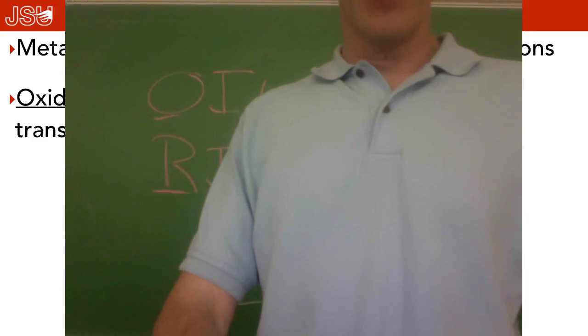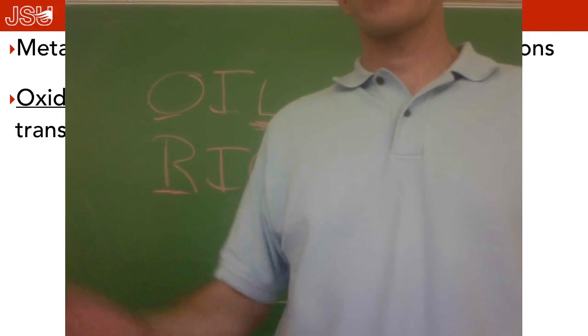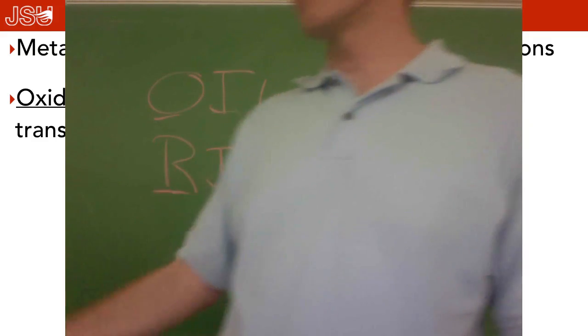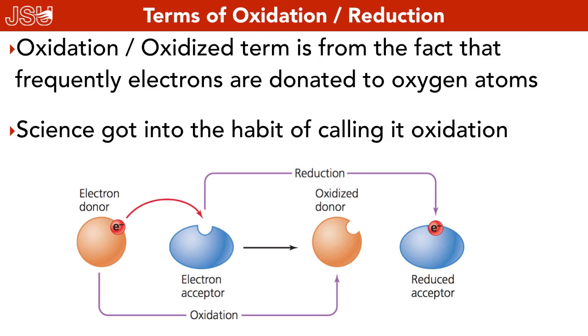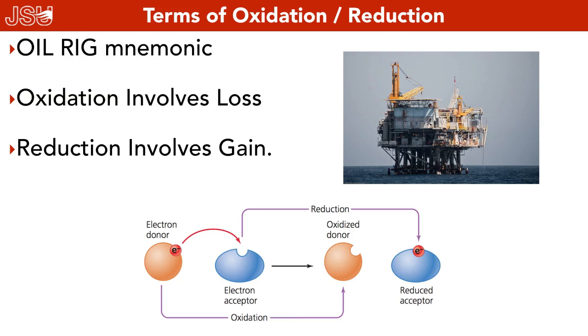Really, all these namings happened before we understood everything that was happening on a subatomic level. But if you remember this mnemonic, oxidation is a loss, reduction is a gain, you'll be fine. This is an important concept when we start talking about metabolism.